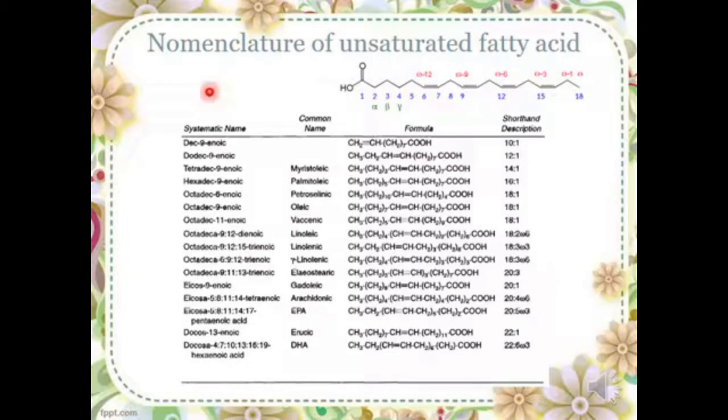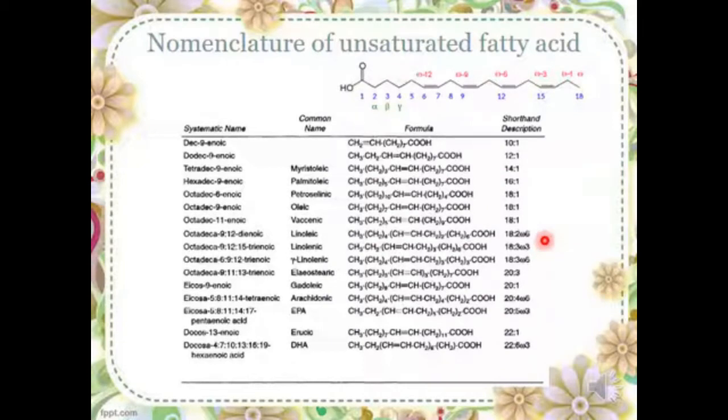Again, this first column shows the systematic name, followed by the common name, the formula, and the abbreviated numbering. Note that this abbreviated numbering uses the omega system, which is in the context of human diet.